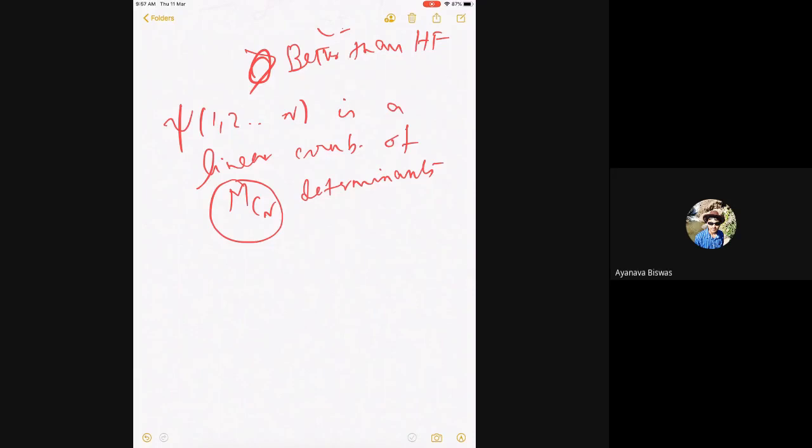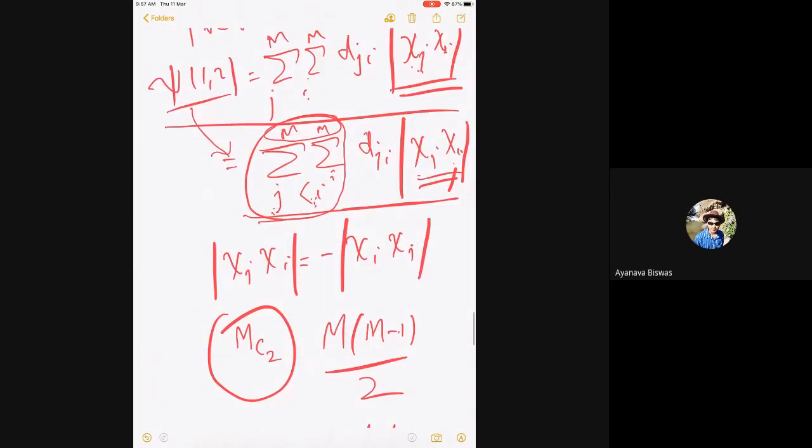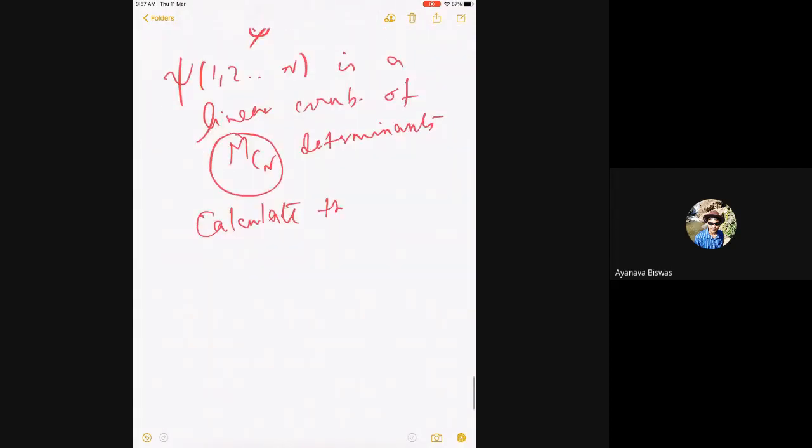And then what Hartree-Fock does is to calculate these coefficients, because now all that is my unknown parameters is these coefficients, because the basis is known. Okay, so it calculates these coefficients by a variation method.